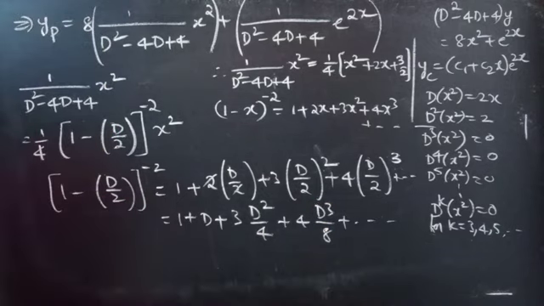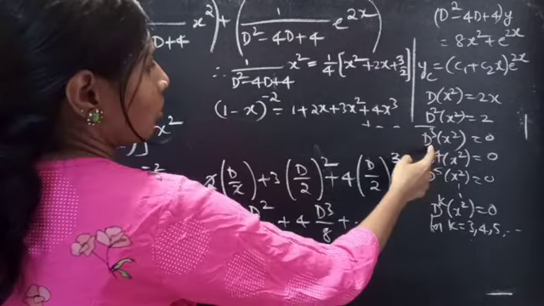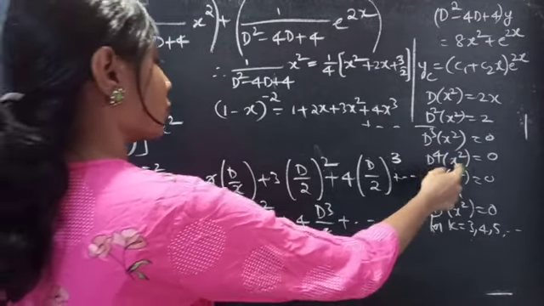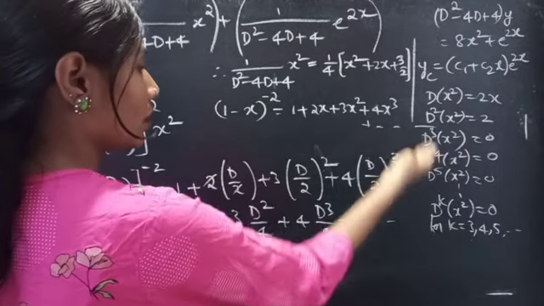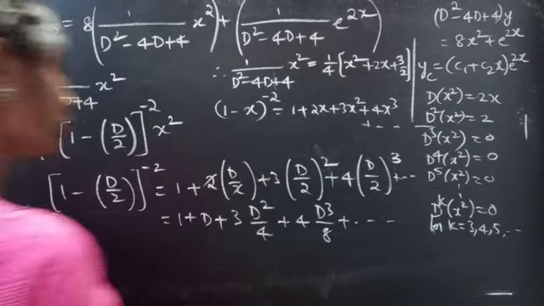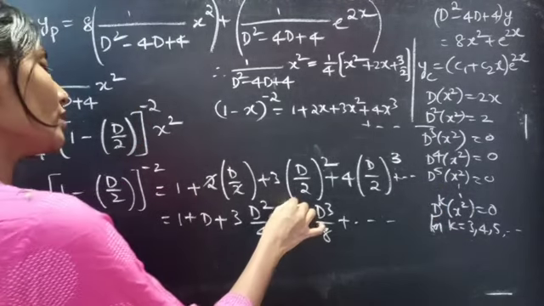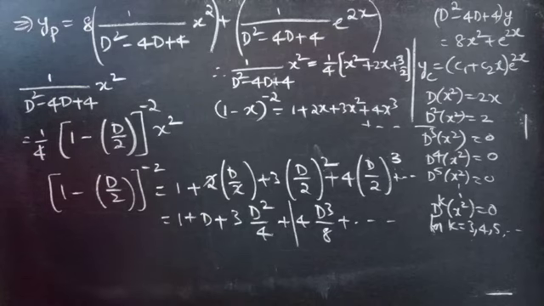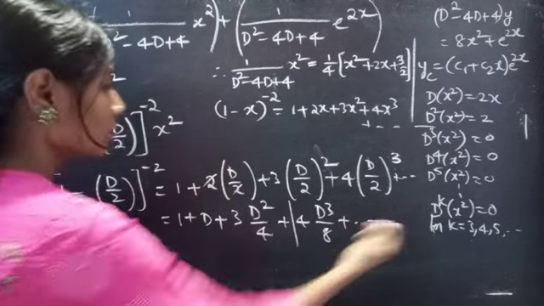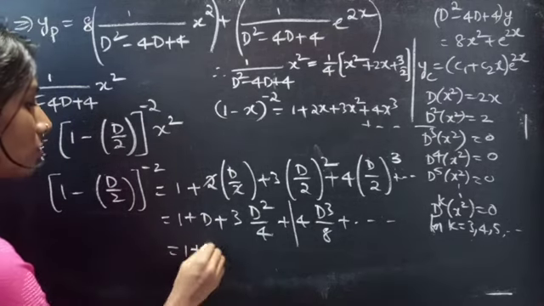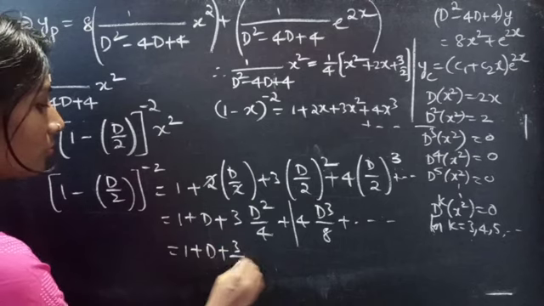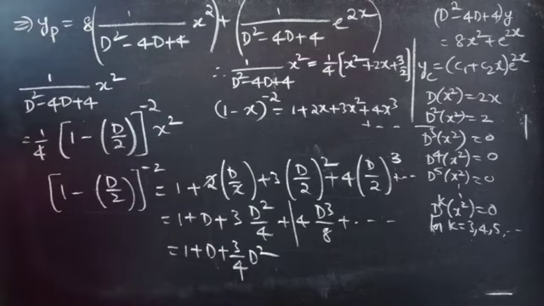We know that higher derivatives, d cube of x square, d power 4 of x square, is 0, right? From here we'll get derivatives 0. So we can neglect higher derivatives from d cube. So we can neglect all the terms from here. So we can take only the first 3 terms, right?